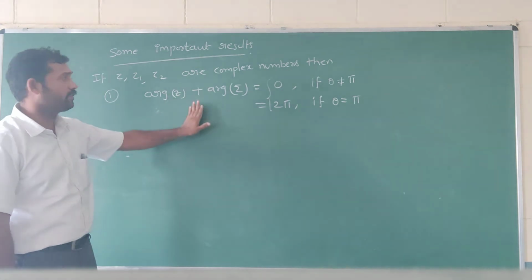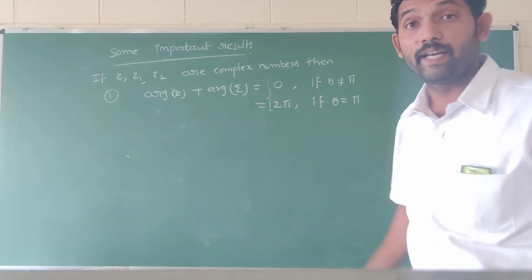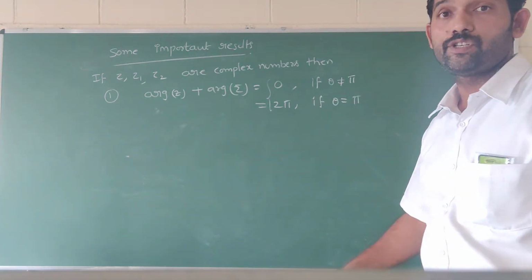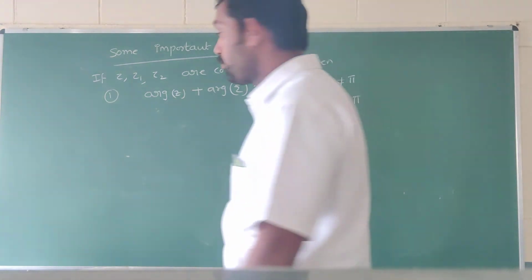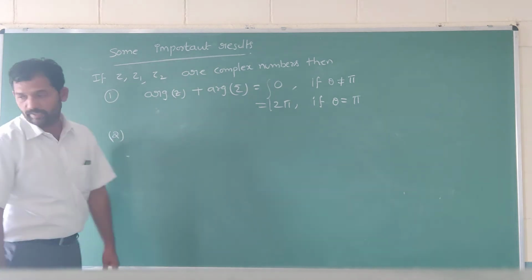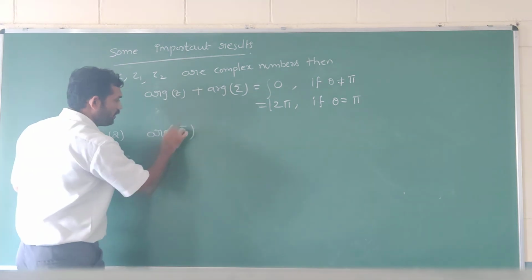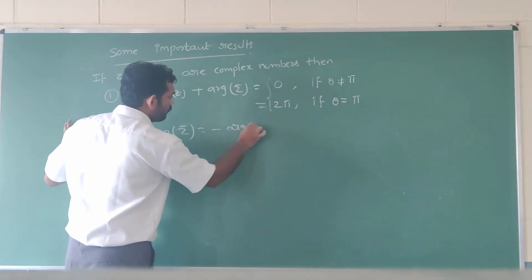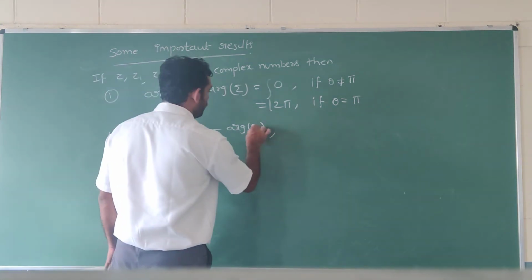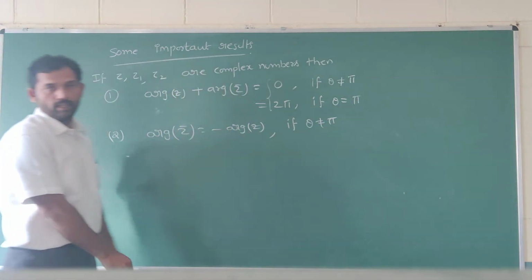Argument of z plus argument of its conjugate, the sum is 0 when theta not equal to pi. So theta equal to pi means the solution should be 2 pi. Next, second point. Argument of z bar is equal to minus argument of z, if theta not equal to pi.